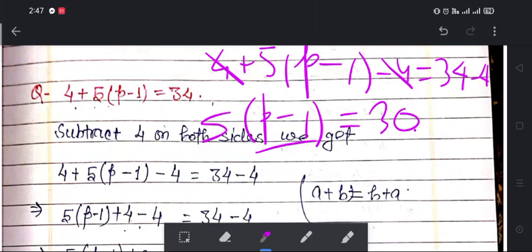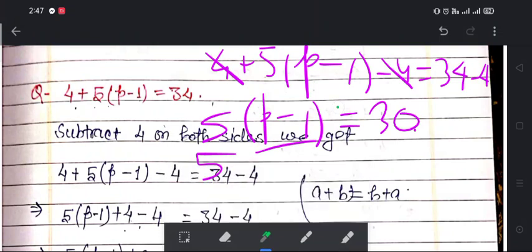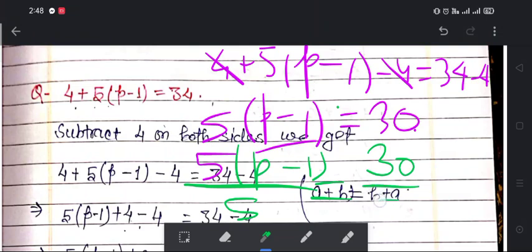Dividing 5 on both sides, we get 5 into p minus 1 upon 5 is equal to 30 upon 5.